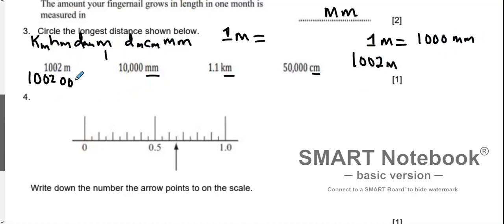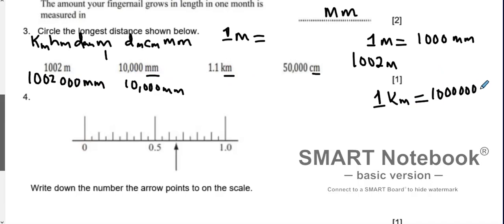This will stay the same, 10,000 millimeters. Okay, 1.1 kilometers. So you have to find in 1 kilometer how many millimeters there are. That gives you 1 million millimeters.